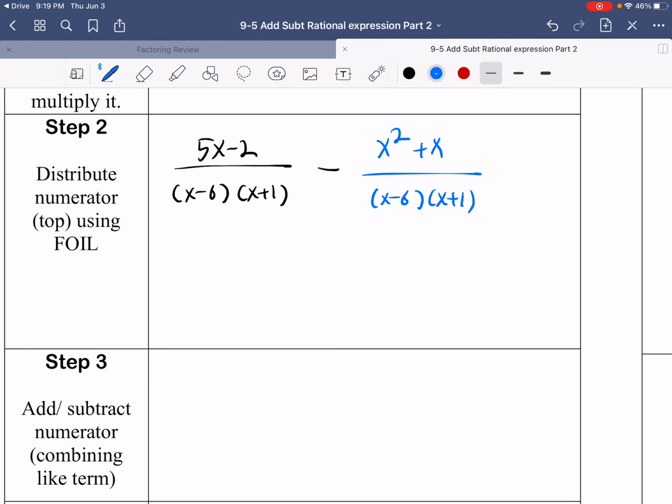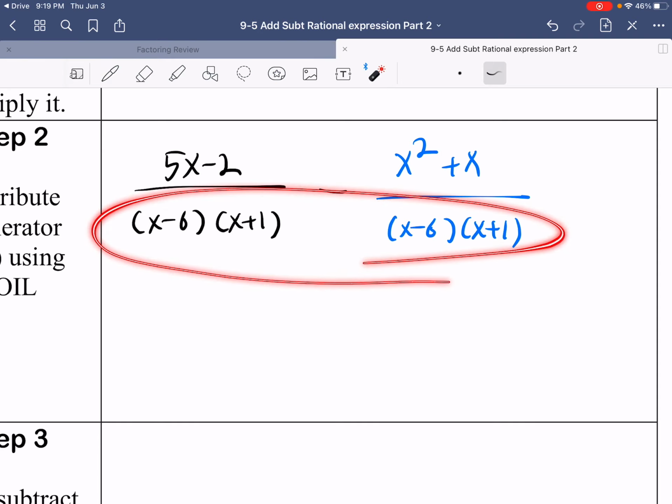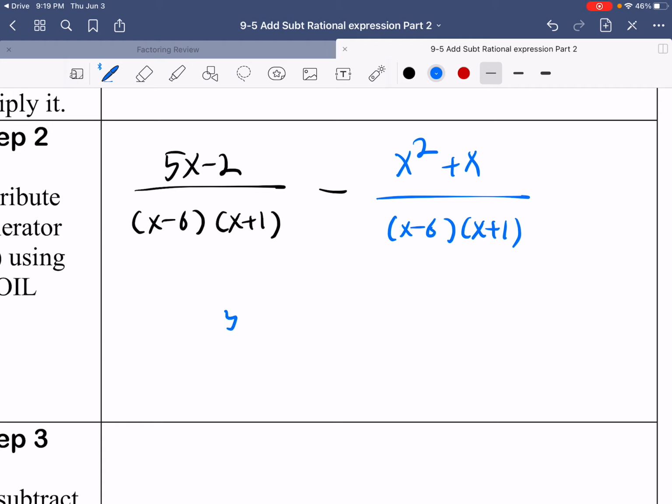Now we are going to distribute this, but as I said, if you have a negative, it's better to combine it already. So 5x minus 2, and negative times x squared is negative x squared, negative times x is negative x, over like this.